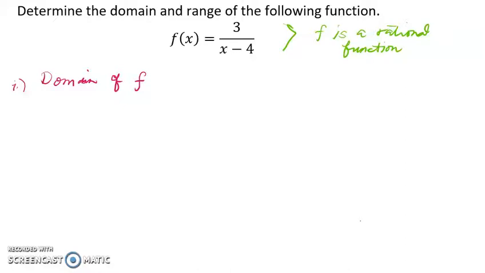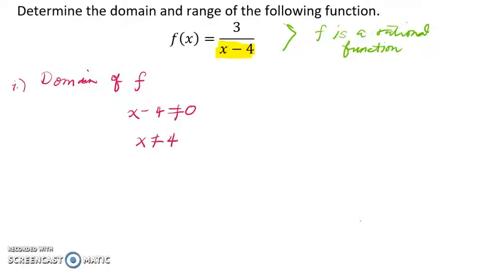So for a rational function, to determine the domain, we have to look first at the denominator of the function. In this case, we have x minus 4. So the x minus 4 must not be equal to 0. And for this to be not 0, that means that x cannot be equal to 4.